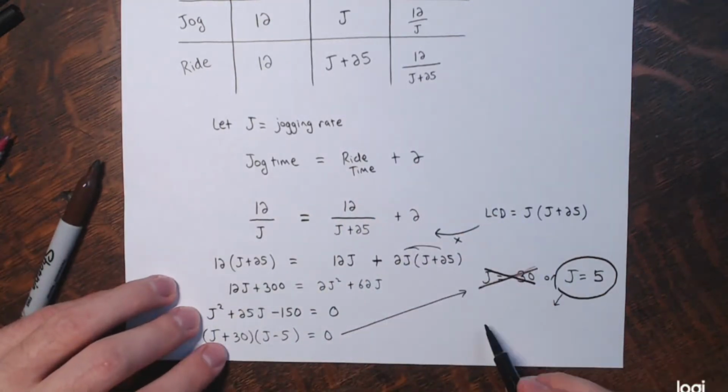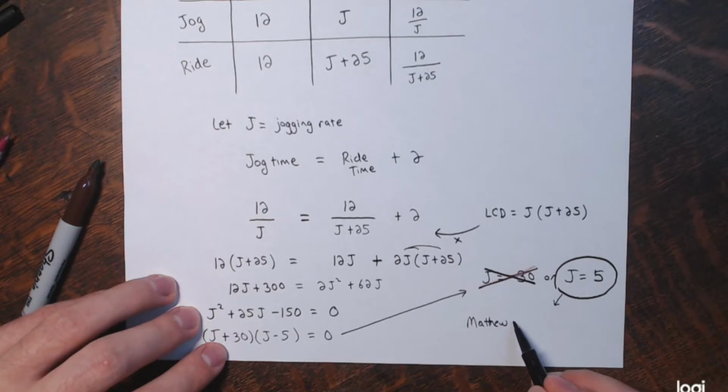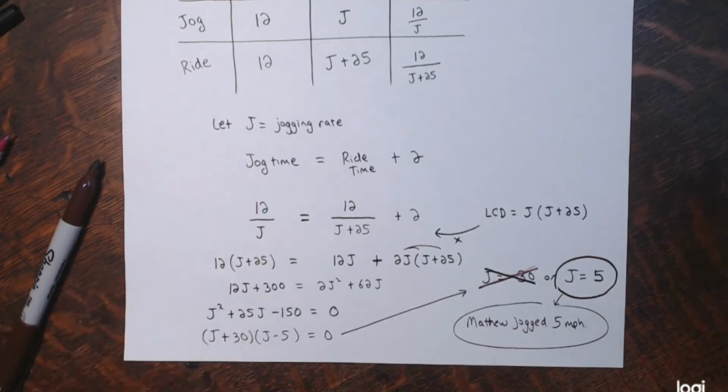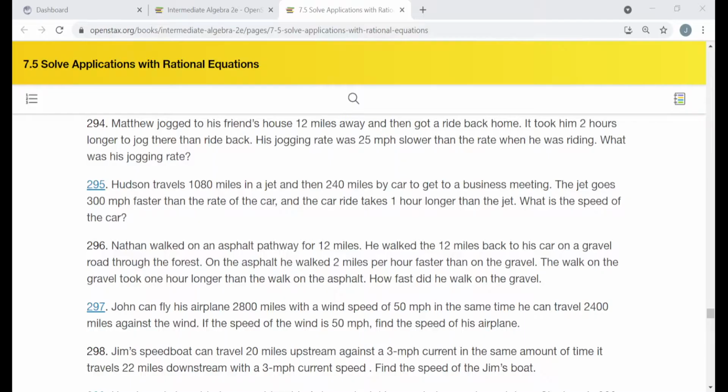So Matthew jogged 5 mph, right? 5 miles an hour here. Great.